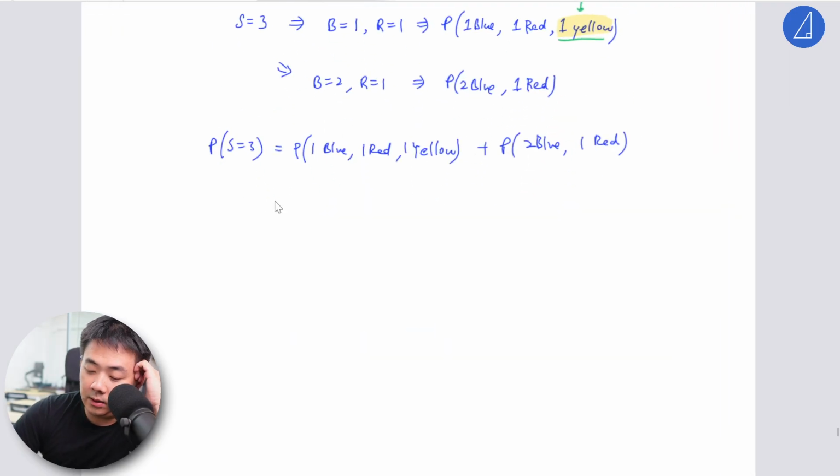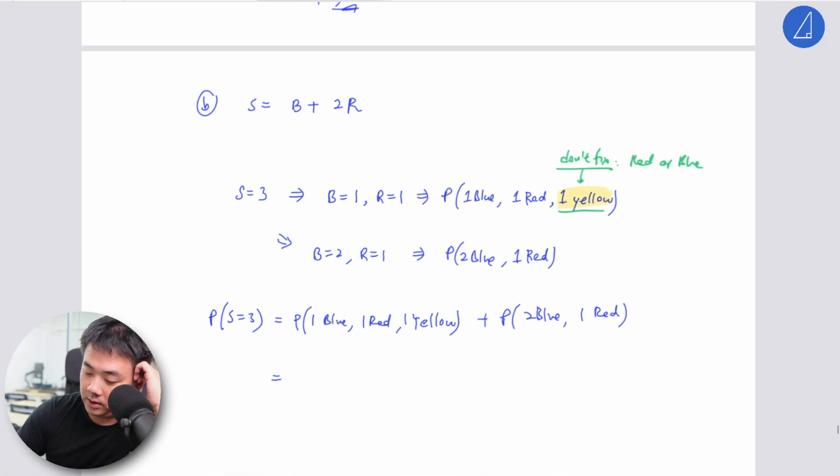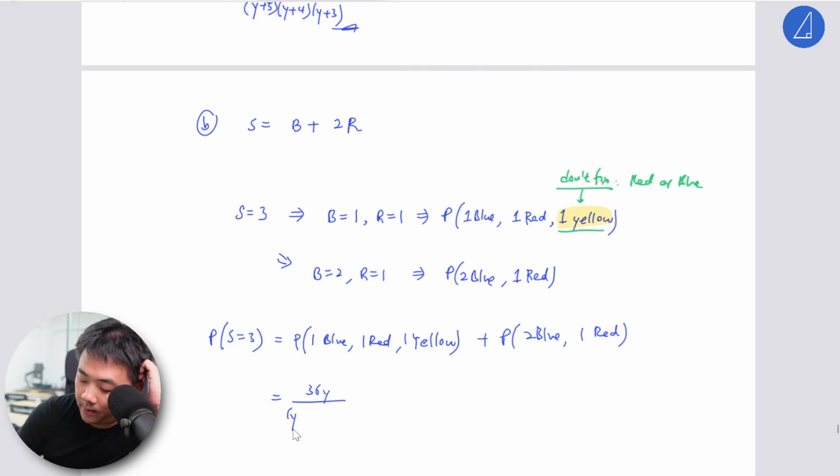So the second method will be one blue, one red, one yellow. This is 6 over y plus 6, then y plus 5, y plus 4, y plus 3.